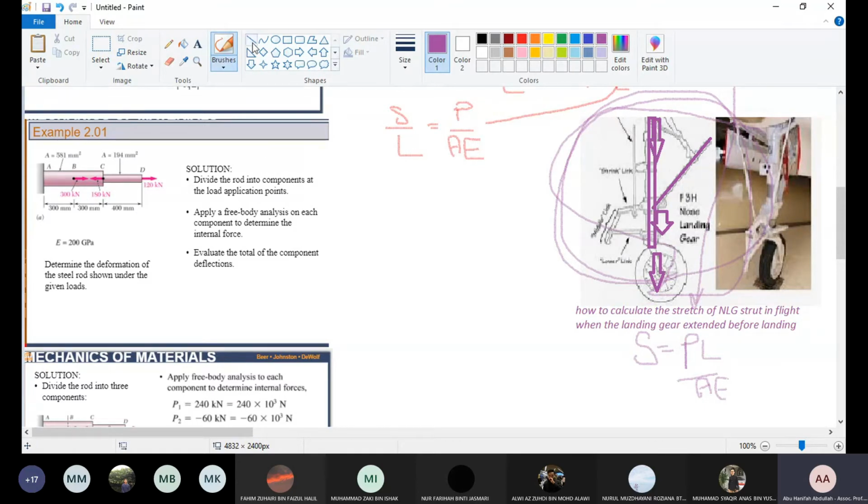So you may look at this as a landing gear for you to appreciate what we're trying to do. And imagine we have a wheel here. So we have force here.